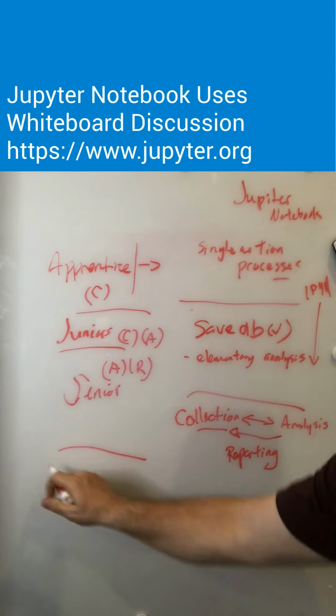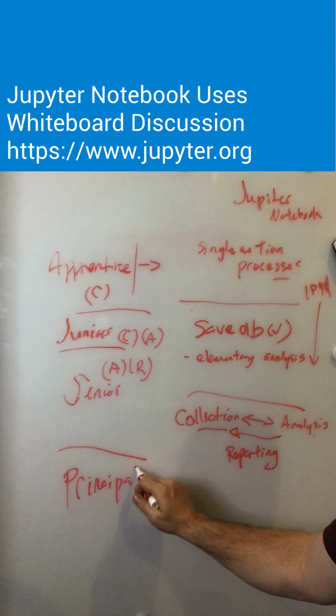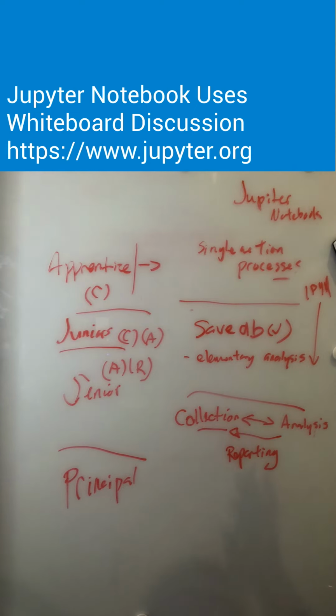And then your principal utilizes the Jupyter notebooks in a very similar fashion to a senior, but they take on the really heavy part of, one, being your technical expert.